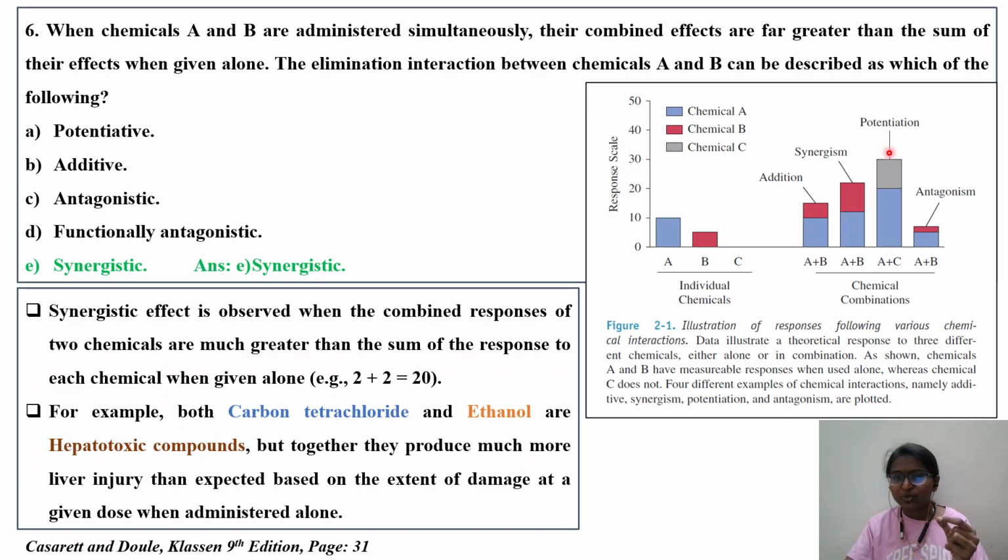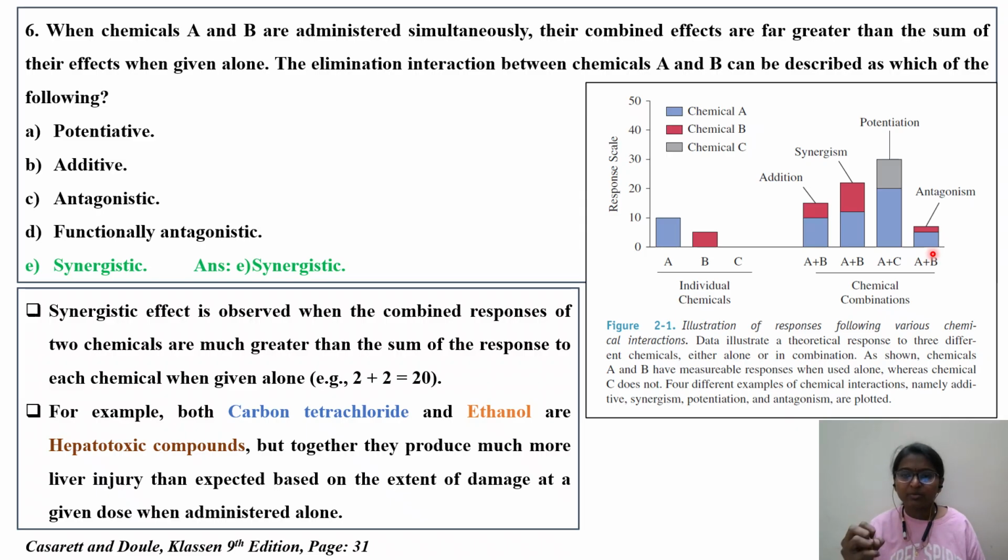Coming to the third one, potentiation. Here in this case, A is combined with chemical C. C alone, when administered, has no effect, but when it is combined with chemical A, there is a potentiation of effect. 2 plus some 3, it will end up with 8 or 10 or 12 like that. Coming to antagonism, antagonism is a very important principle which is used as an antidote in toxicology.